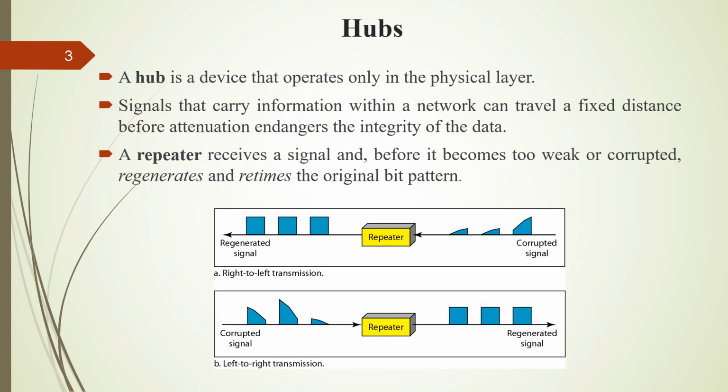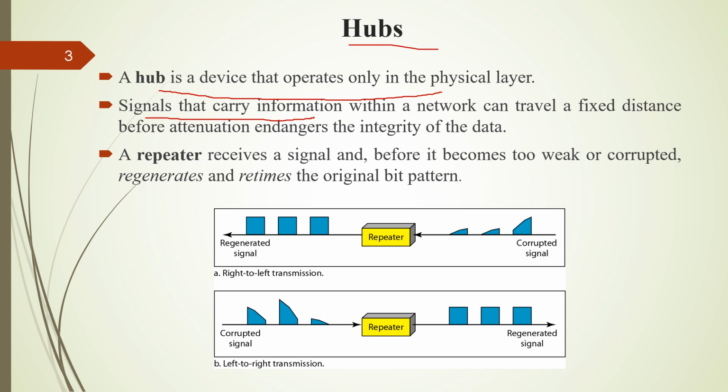Let us discuss the first connecting device, that is hubs. A hub is a connecting device that operates in the physical layer. We have discussed in the TCP/IP protocol suite that data in the data link layer will be in the form of frames. From the data link layer, the data is sent to the physical layer where it is converted to bits.